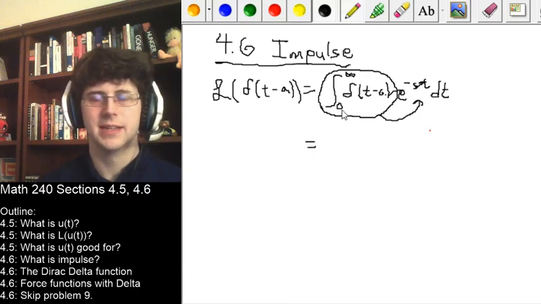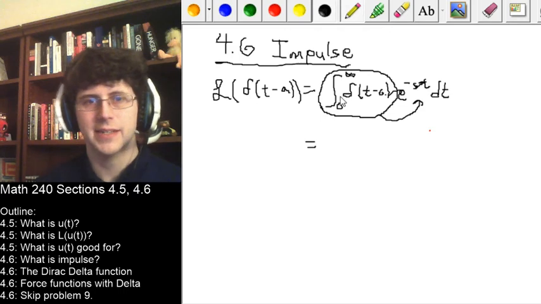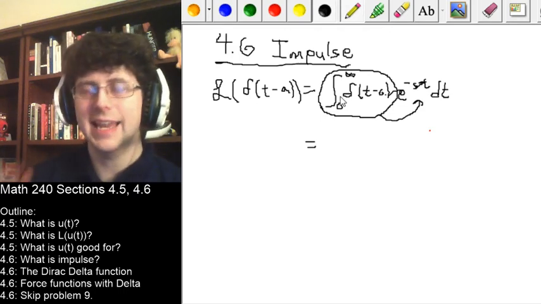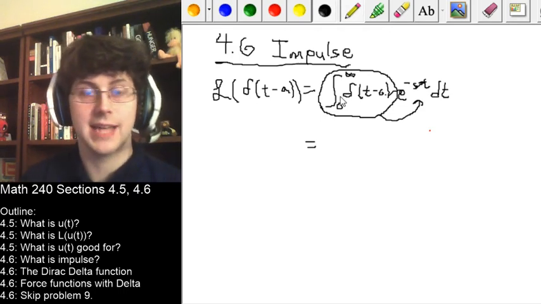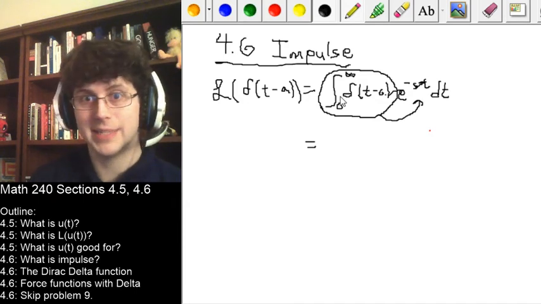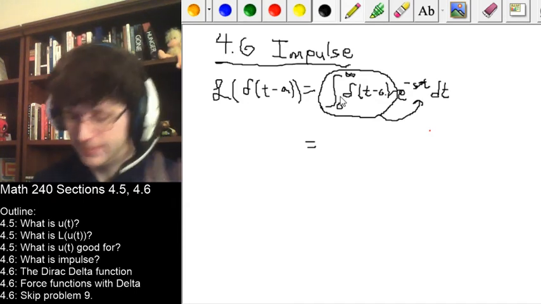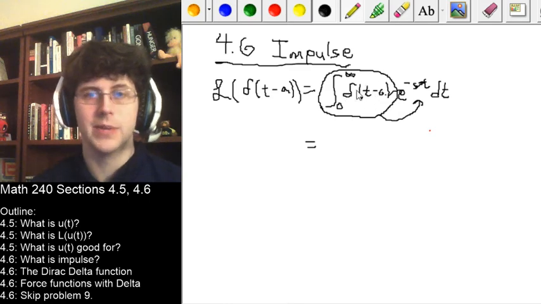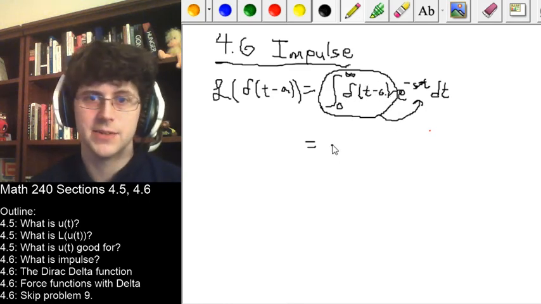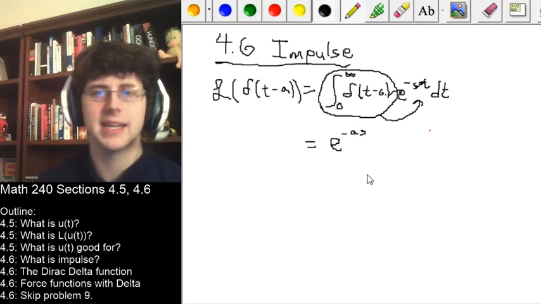Really weird. Certainly this integral can't involve anything other than t equals a, because the delta function only happens at t equals a. So what can we do if all we have is just t equals a? Well, it turns out that what we get to do is just plug in t equals a. So we get just e to the minus as.